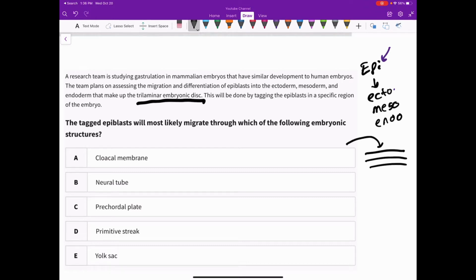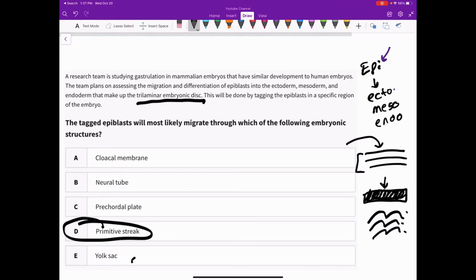The epiblast gets tagged, so the epiblast makes these three things. How? So when the epiblast, say, looks like this guy, right? Strong thing, epiblast, right? Primitive streak comes up the top on top of it. When the primitive streak forms, okay, it separates into three different layers, that trilaminar disc. And it makes the ecto, meso, and endoderm. So I believe the tagged epiblast will most likely migrate and form the primitive streak.